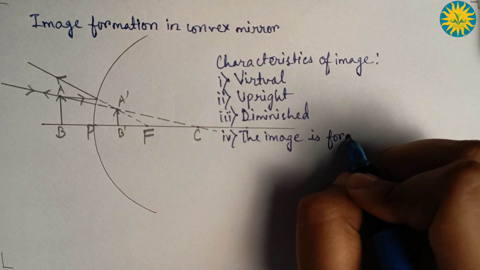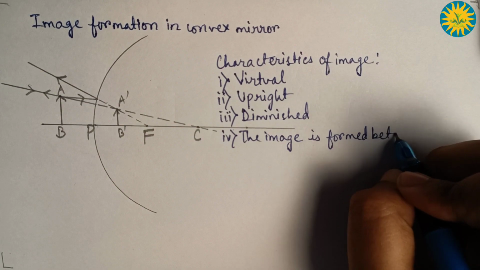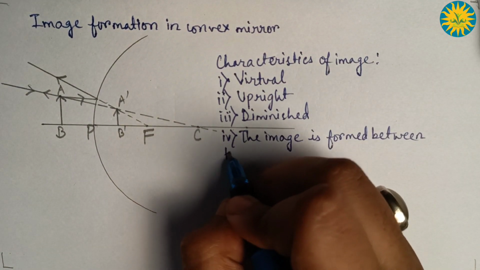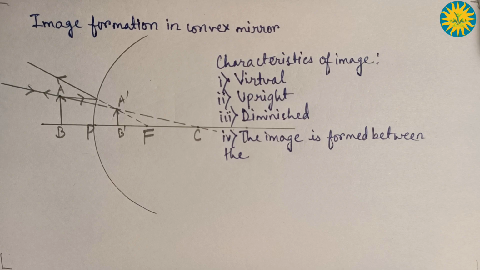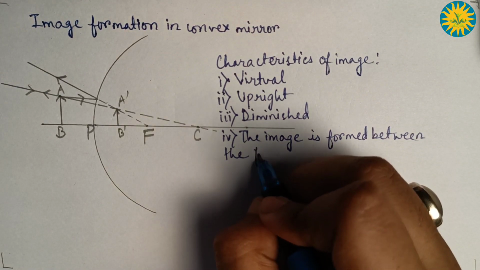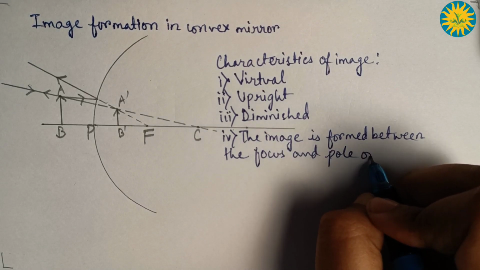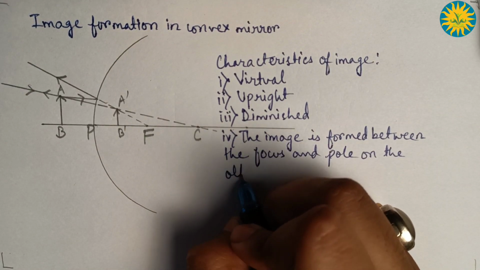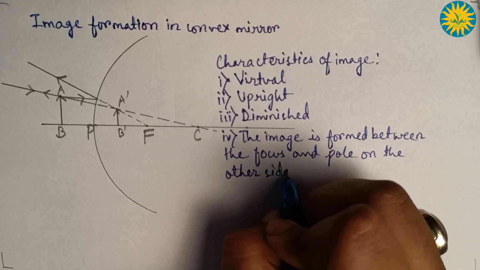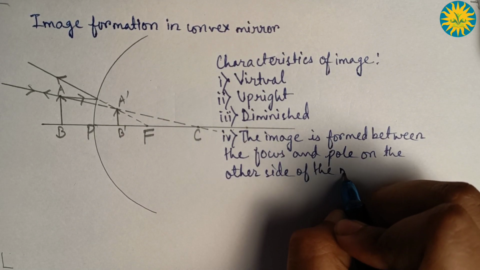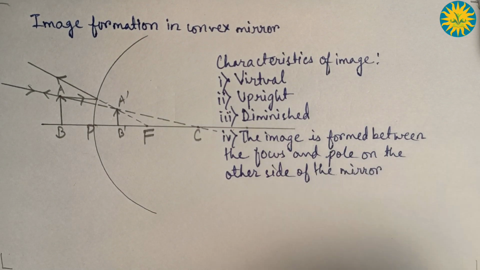The position of the image: the image is formed between the focus and pole, but on the other side of the mirror. So these are the characteristics, and these are all the ray diagrams by the spherical mirror. Thank you.